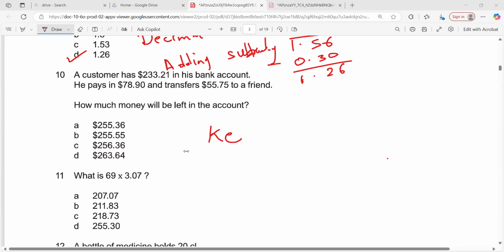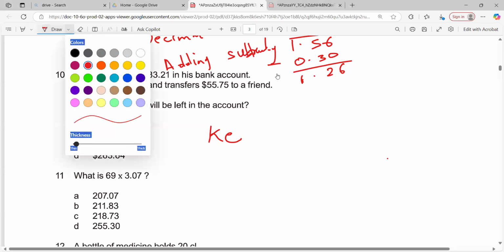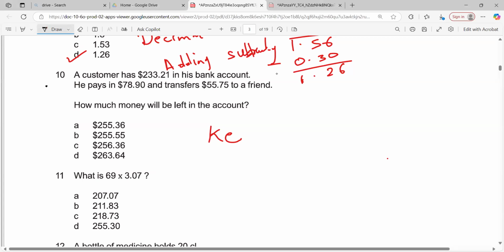Go ahead, Demarcus. Sir, the question says a customer has $233 and... Oh, no, wait, Keandra. All right, I forgot. That's why I put it here to remember. Hold on, I made a mistake.